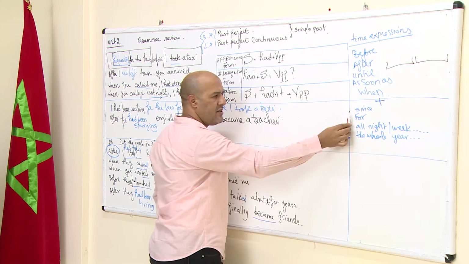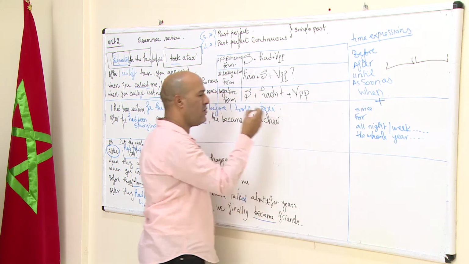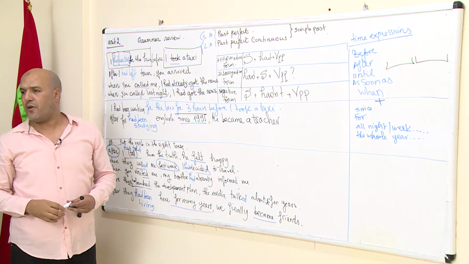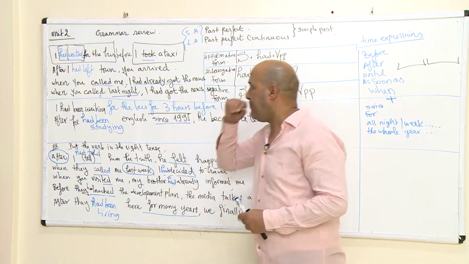So when we have these indicators plus these time indicators, we know that we are dealing with the past perfect continuous. So let's have a quick review.